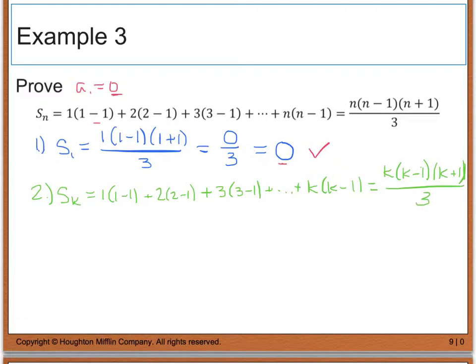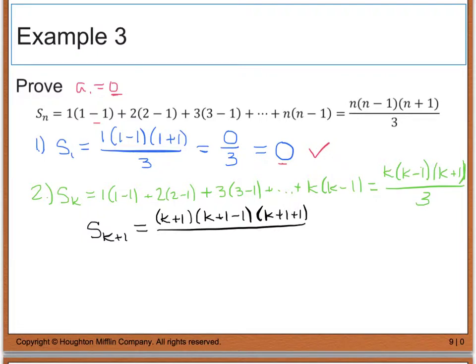Now I have to go through and prove that S sub k plus 1 equals this stuff. I'm going to plug in a k plus 1 for every k, so it equals (k plus 1) times (k plus 1 minus 1) times (k plus 1 plus 1) divided by 3.